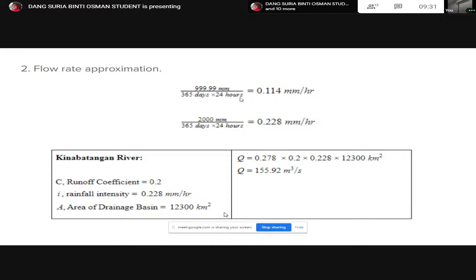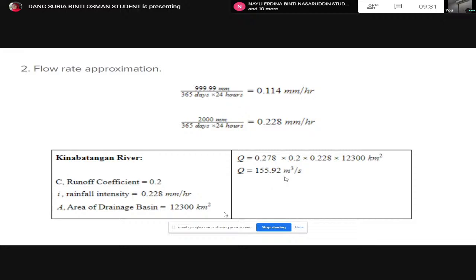However, since we chose our site to be Barit Manis, the annual rainfall is 2000 millimeters. So we got the rainfall intensity, which is 0.2 to 8 millimeters per hour. From there, we were able to calculate the Kinabatangan River flow rate, which is 155.92 cubic meters per second.